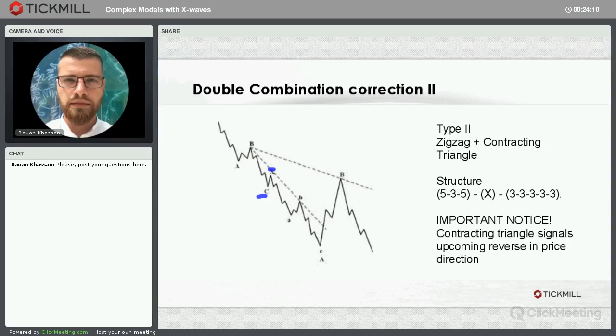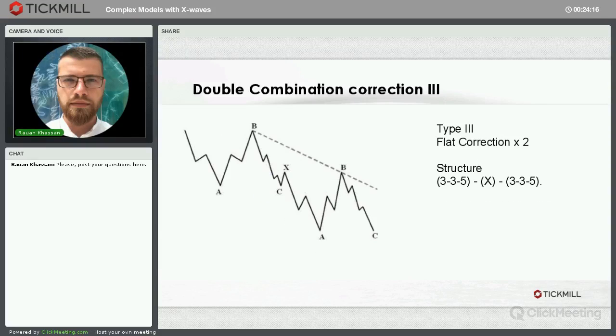Moving further, we have a few more types of double combinations. The third one is two flat corrections, which are connected with an X wave once again. Sometimes it can be even a triple flat correction if you are following the idea behind the X wave.